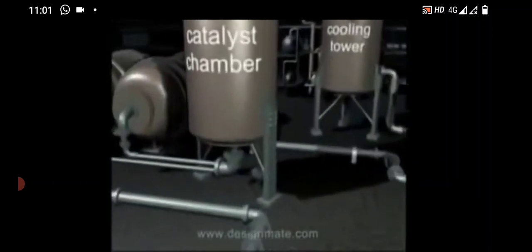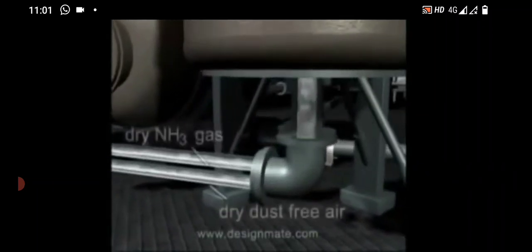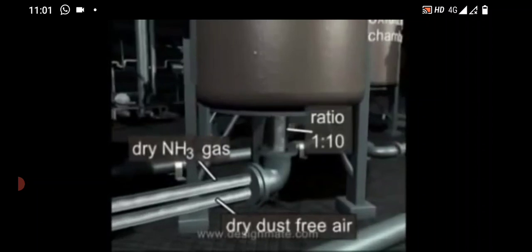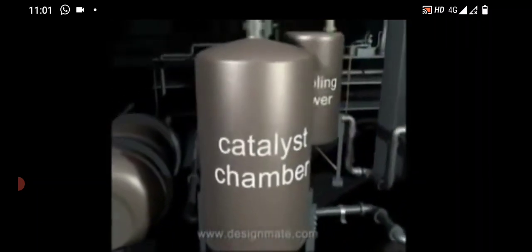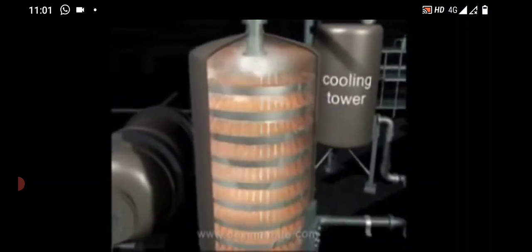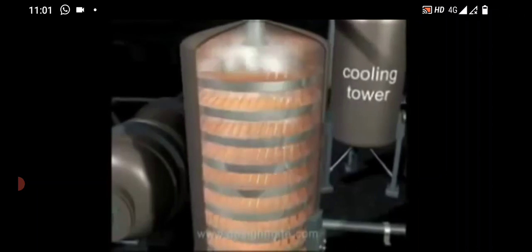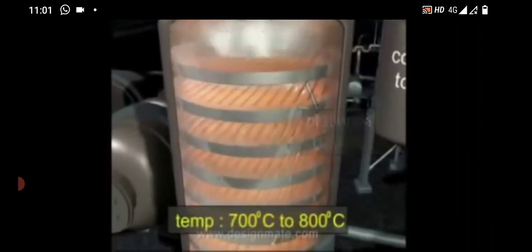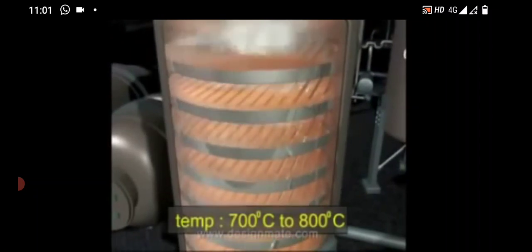A mixture of pure dry ammonia gas and dry dust-free air in the ratio of 1:10 is fed into the catalyst chamber. In the presence of platinum gauze at 700 to 800 degrees Celsius, the ammonia is oxidized to nitric oxide.